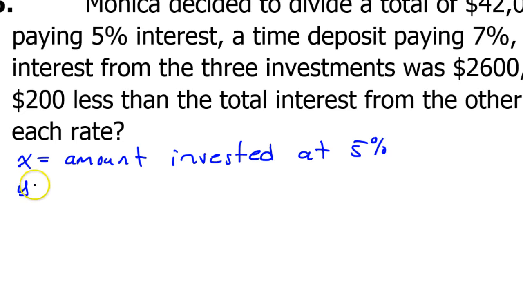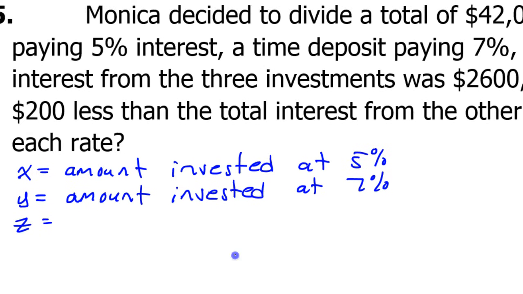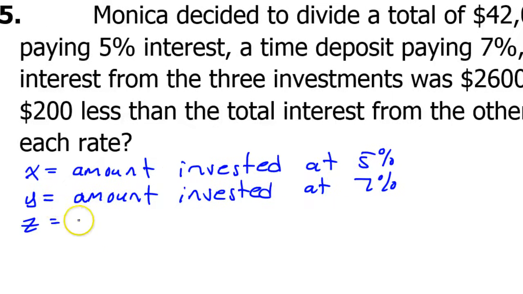I'm going to let y be the amount invested at 7%. And I will let z represent the amount invested at, what was it? 9%.